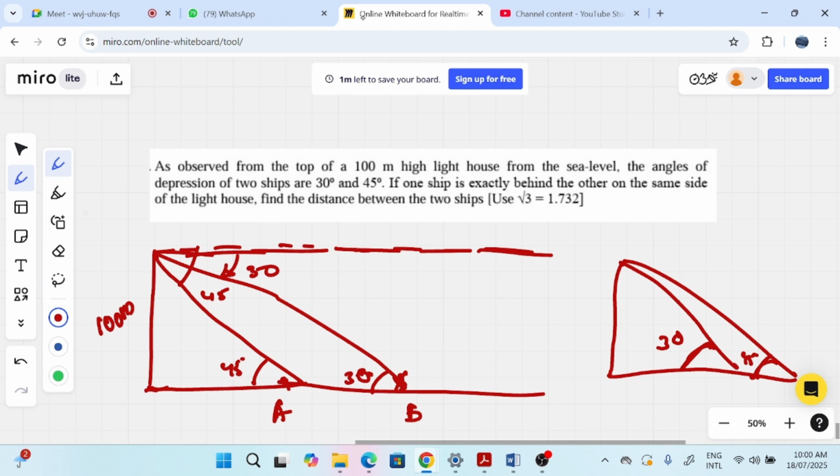Yes, ma'am. And also here they have clearly said one ship is exactly behind the other ship, and they said 30 and 45. So first 30 and 45. He is observing the boat at 30 degrees from here. Then he is observing 45 degrees.